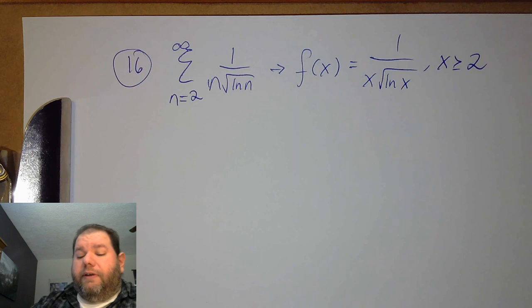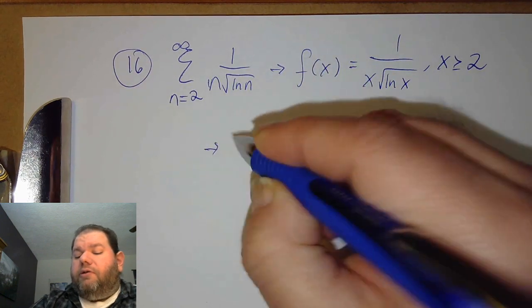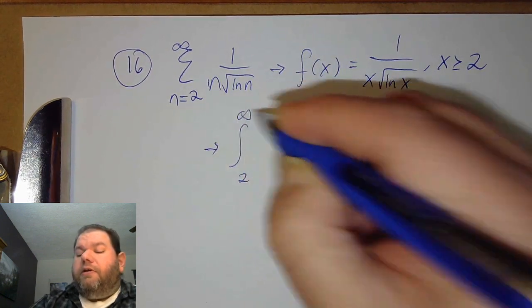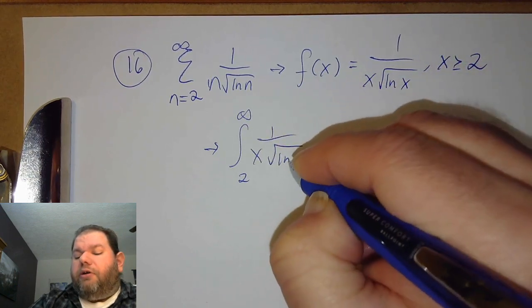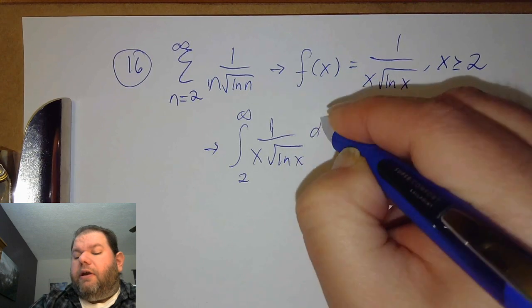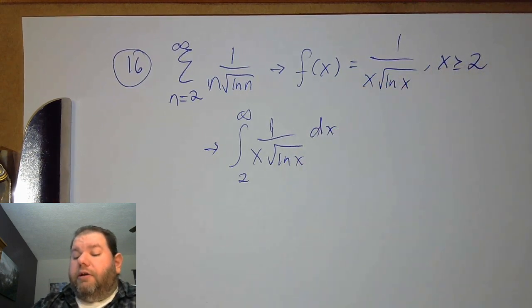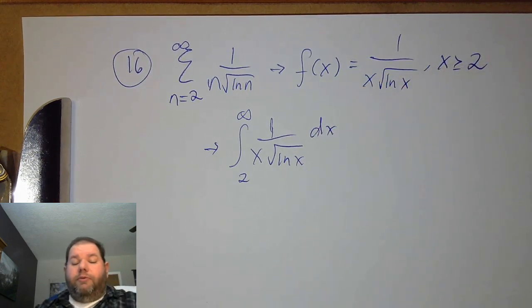So the question is, let's do this integration from 2 to infinity of 1 over x square root natural log x dx. Now, the problem working with natural log of x, and we've talked about this a fair amount in the last chapter, the problem is that we don't know how to integrate natural log of x by itself outside of integration by parts.